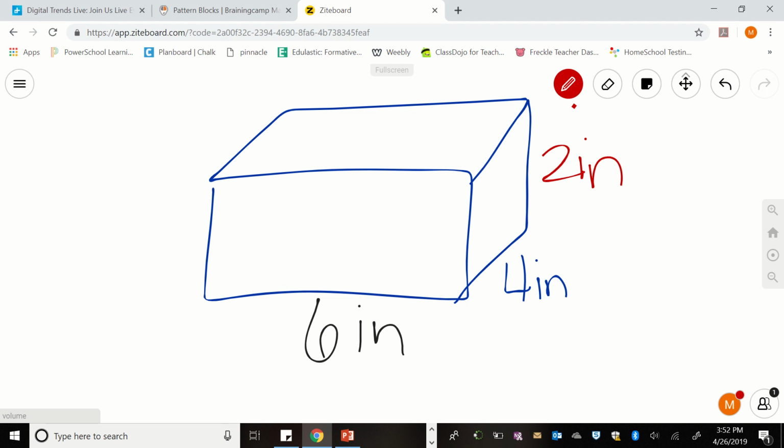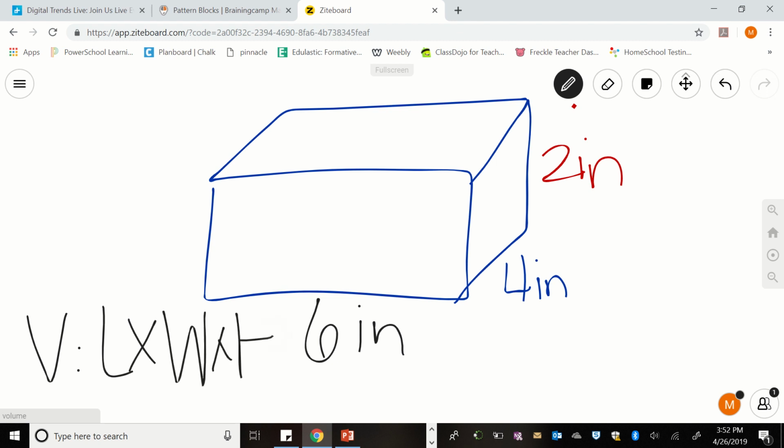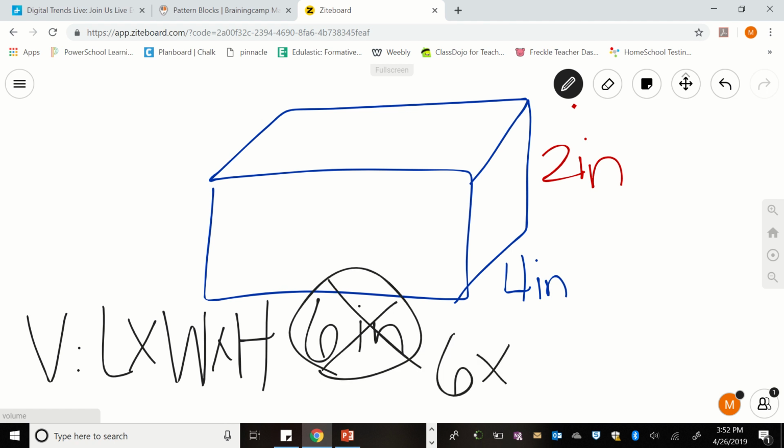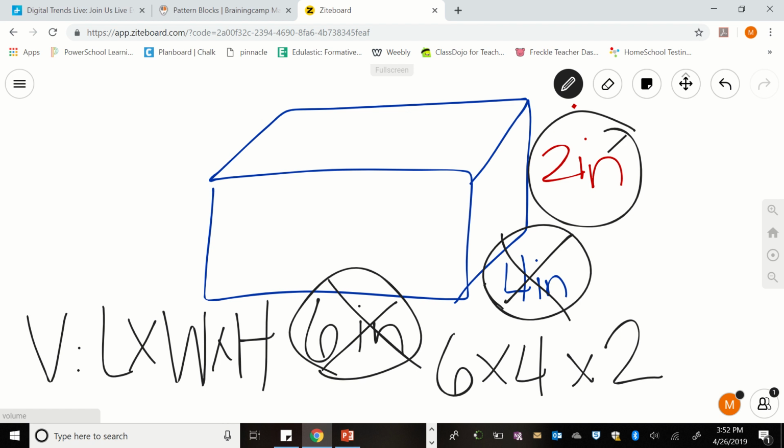So when you are doing volume of a rectangular prism, all you do is length times width times height. So if my length is 6, I'm going to multiply that by my width, which is 4, and I'm going to multiply those two numbers by my height, which is 2.